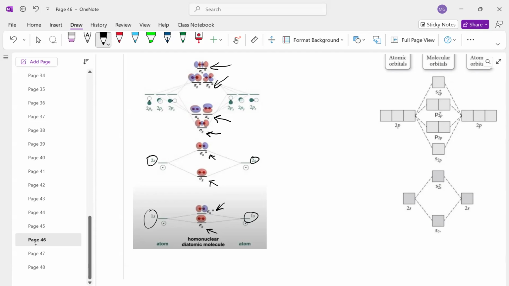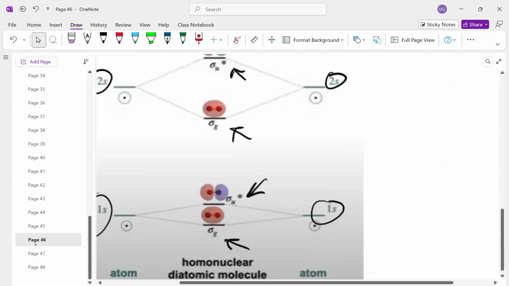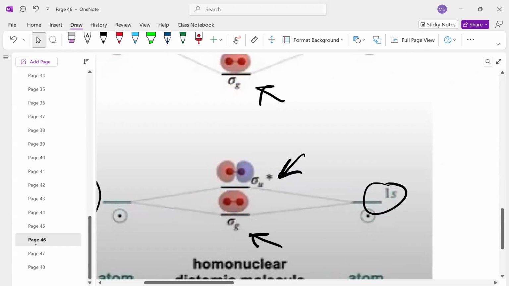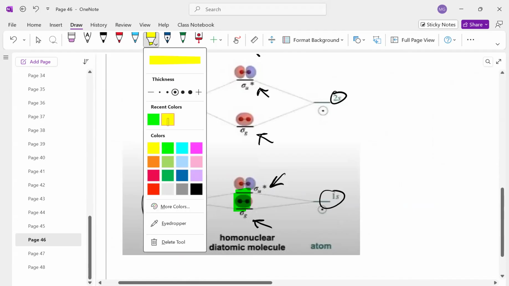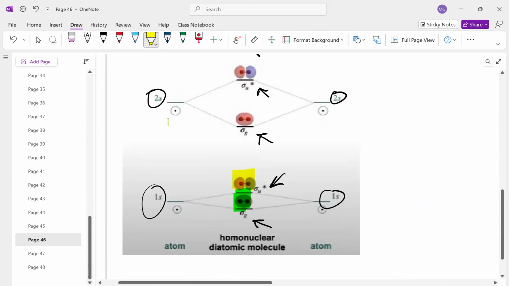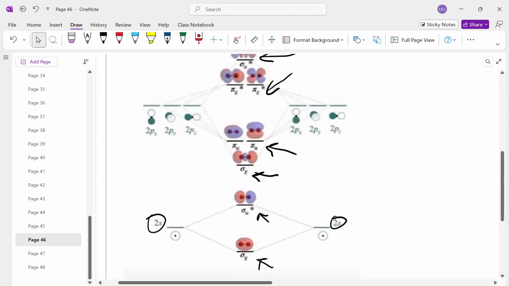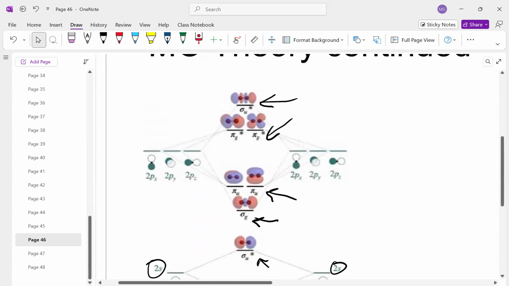Notice the difference. This is something I really want to highlight here because we haven't looked at these computer-generated diagrams before. Look at the sigma bonding molecular orbitals. Notice how everything here is overlapping. And if you look at the anti-bonding ones, notice how there isn't a complete overlap. That's that destructive interference that I was talking about. And we could do the same thing for looking at the pi bonding and anti-bonding.